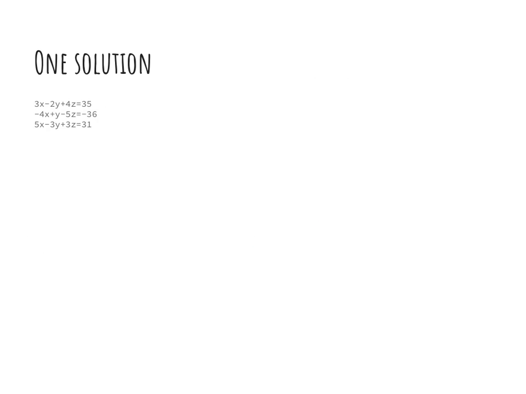So let's take a look at how this would work with some examples. Okay, so you'll notice we've got our 3 equations and 3 variables here. So what we need to do first is write this same thing without any variables or equal signs. So that first equation, I've got a 3, a minus 2, a positive 4, and a 35.